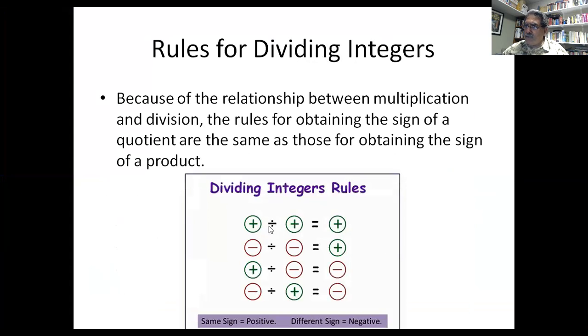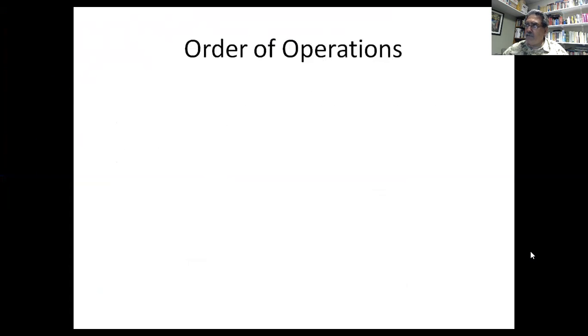If they have the same signs, it's positive. Negative divided by negative is positive. If they are mixed signs, it's negative. Positive divided by negative is negative. Negative divided by positive is negative. Okay. Same sign, positive. Different sign, negative.